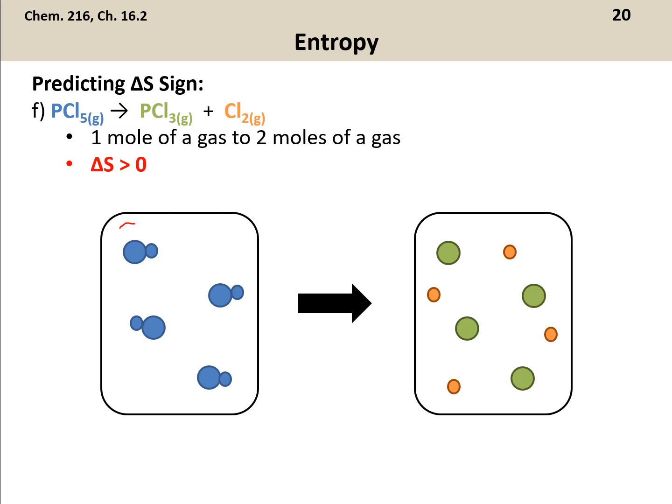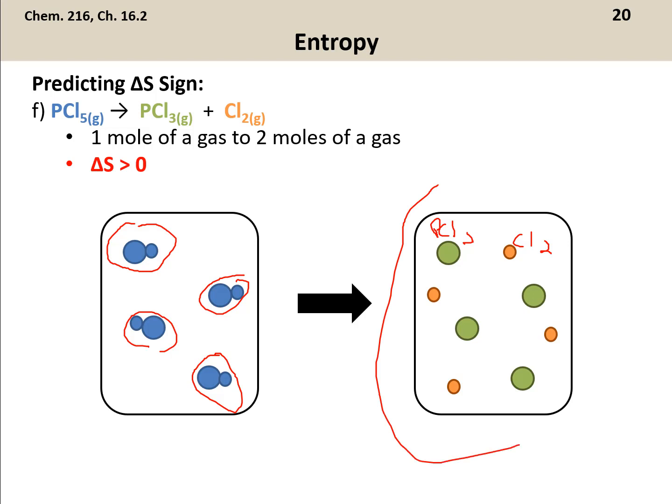So notice, if this is my PCl5, and it's breaking apart to PCl3, and this is Cl2, right? Which one is more disorganized? Well, this one is, right?